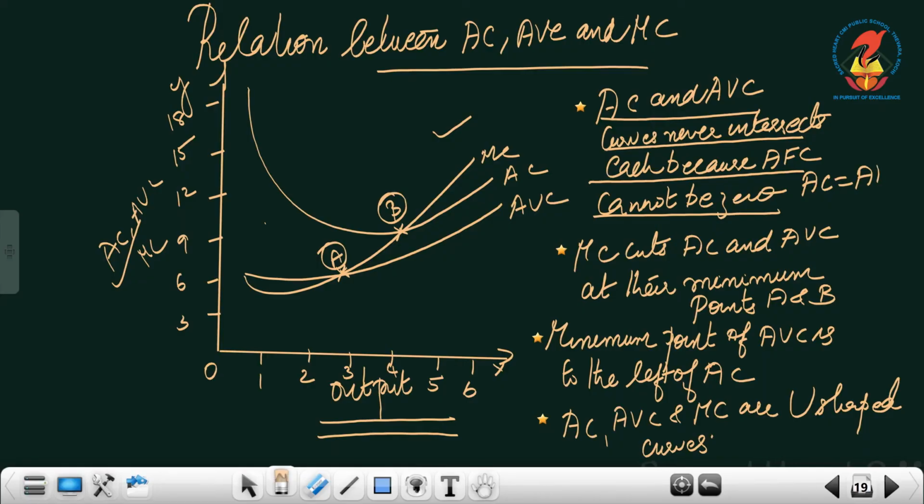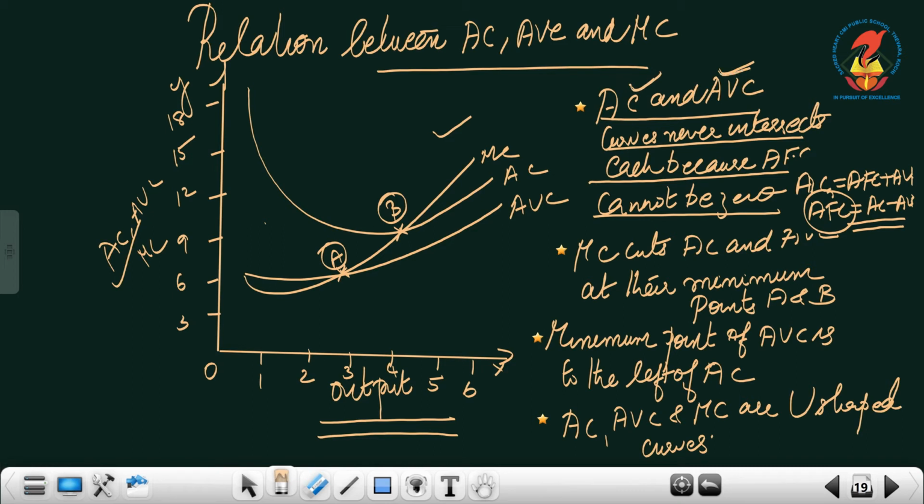AC is equal to AFC plus AVC, therefore AFC is equal to AC minus AVC, isn't it? The gap between AVC and AC is AFC.